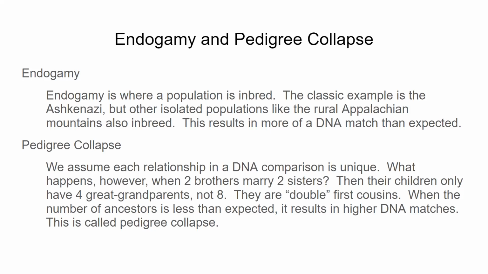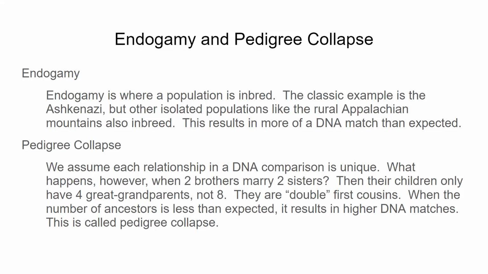What's more important, however, is this pedigree collapse question. We start by assuming each relationship is unique. So if I have a first cousin, we share a brother and sister in our parents. I also have a situation where my grandfather's brother married my grandmother's sister. Okay, this was not intermarriage in the sense of brothers marrying sisters.